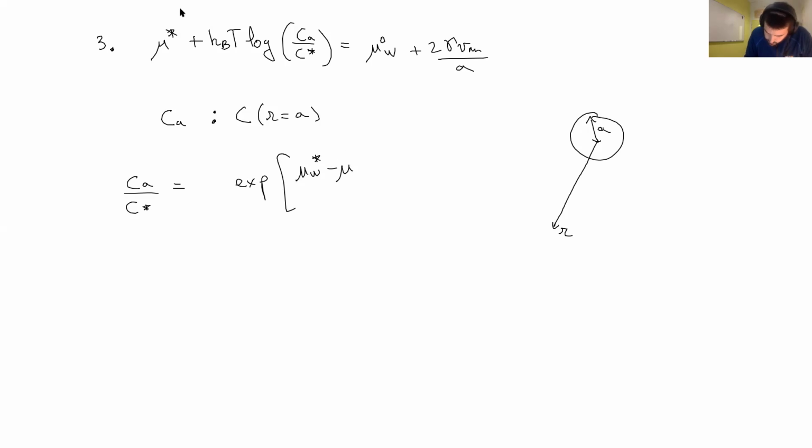Minus mu star divided by KBT, and exponential of 2 gamma Vm over KBTA.